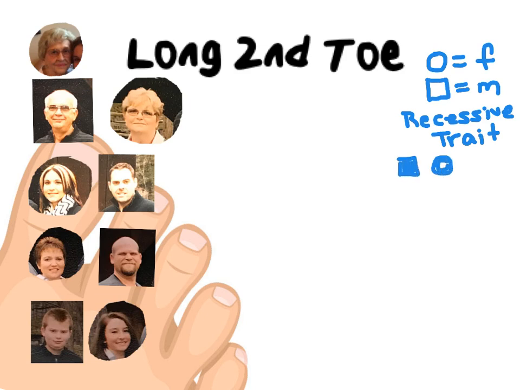So that means if it is shaded, they have a long second toe. And since it's a recessive trait, that's going to be represented by lowercase t, lowercase t.